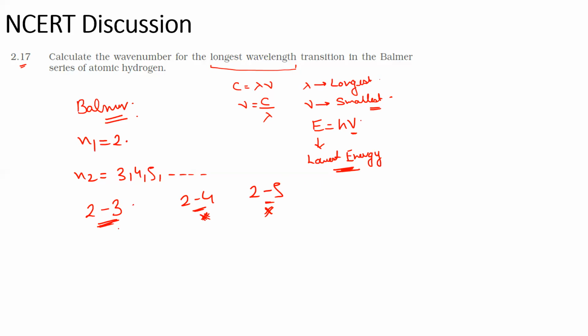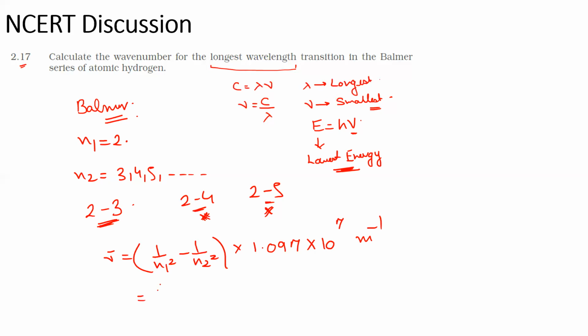If you talk about the formula for the wave number, the wave number equals 1 upon n1 square minus 1 upon n2 square into 1.097 into 10 to the power 7 meters inverse.